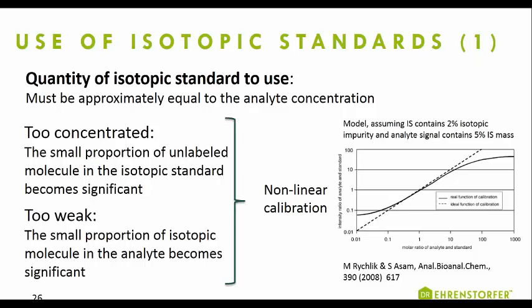So if the analyte is too concentrated relative to the internal standard, then this becomes significant. These relative contributions can be mathematically modelled, but it's fairly obvious that they're only insignificant, and therefore the calibration remains linear, when the concentrations of the internal standard and the analyte are about equal.